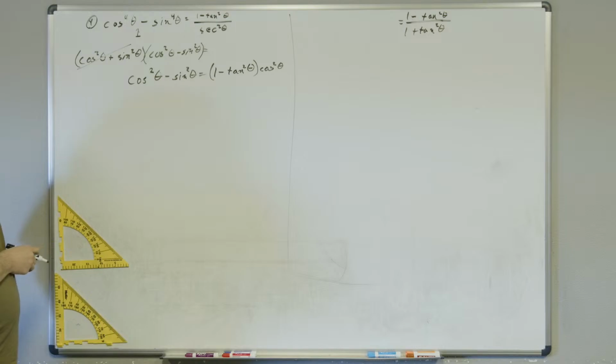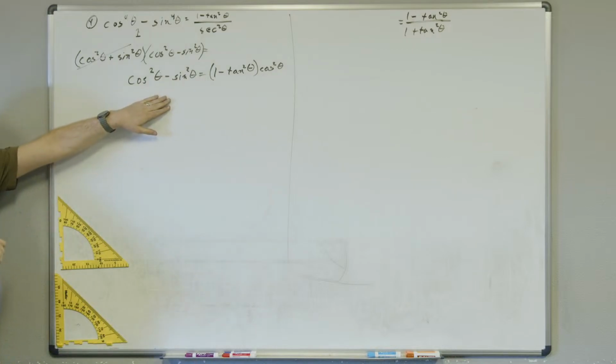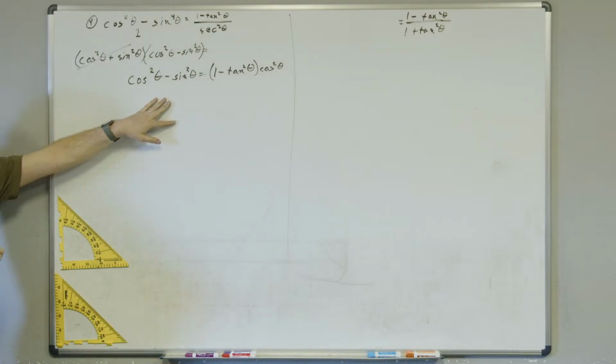Okay. So we've got some variation of something useful. What could we do? You can change the stuff on the left into the power reducing identity.